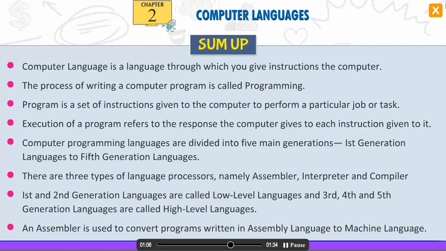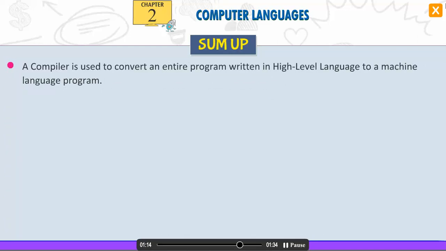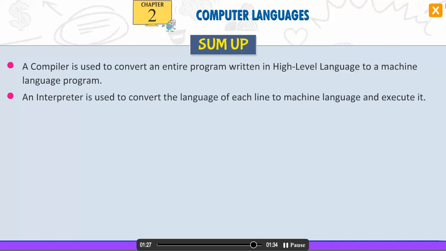An assembler is used to convert programs written in assembly language to machine language. A compiler is used to convert an entire program written in a high-level language to a machine language program. An interpreter is used to convert the language of each line to machine language and execute it.